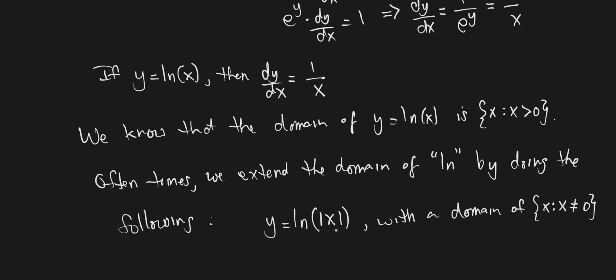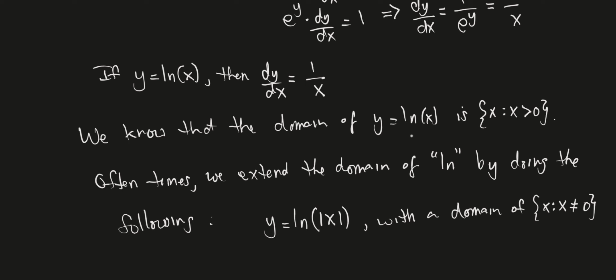But if, for instance, we were to compose our basic natural log function with our absolute value function, then we could, in some sense, extend the domain of the ln. Like we would be able to evaluate this function for more values of x than this function, right?